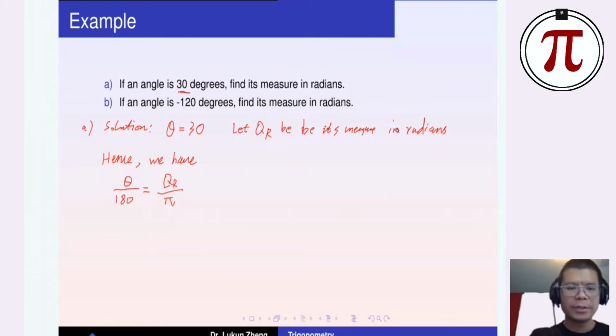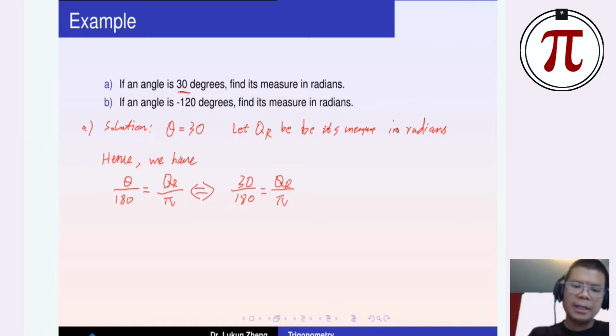So theta r over pi equals this one. This implies, now theta equals 30, so 30 out of 180 equals theta sub r over pi.